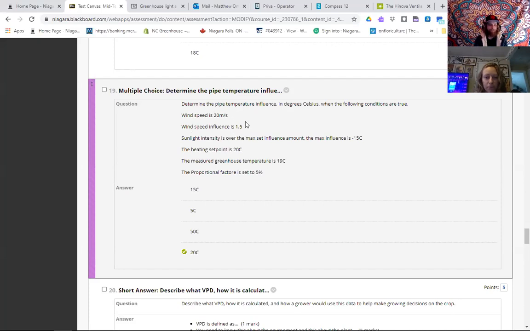Wind speed, 20 meters per second, our influence or our multiplier is 1.5. So right there, if we're just taking this one alone, it's 20 times 1.5, which gives us 30 degrees Celsius. Okay. Now the sunlight intensity, we're assuming that it's a beautiful sunny day just like today, and we've met the maximum set influence that the sun can give, and we're going to reduce the temperature by the maximum amount, which is minus 15 degrees Celsius.